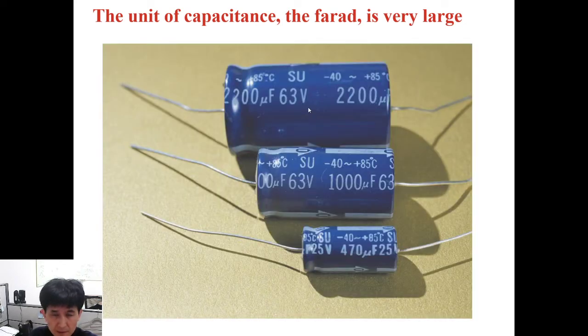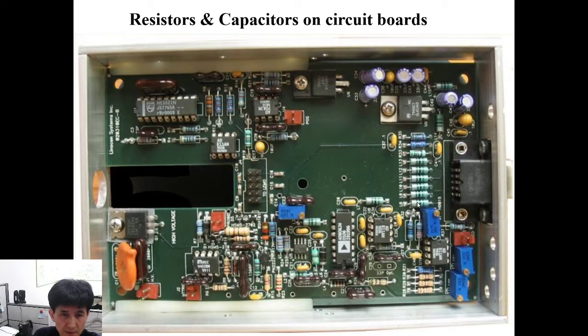A capacitor is a passive device which looks like this, and the unit of capacitor is microfarad or farad. In a circuit board, you can take a look at this circuit board, and there are several capacitors mounted on the circuit board.